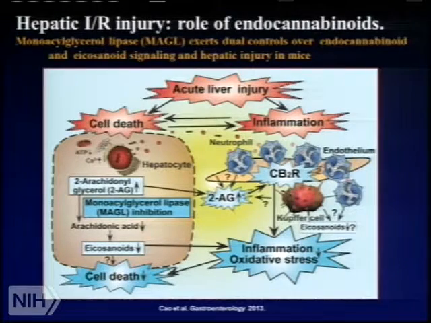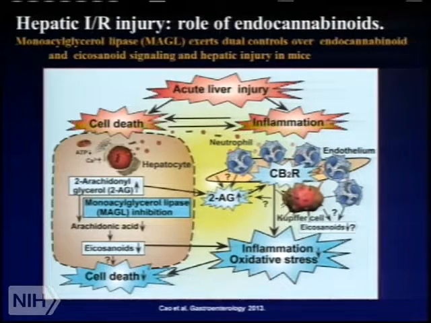So how does this come together? During the acute liver injury, there is cell necrosis in hepatocytes, but hepatocytes have no CB2 receptors. So when we block monoacylglycerol lipase, we raise 2-AG, which can be released from hepatocytes. It can decrease the endothelial cell activation through CB2 and also Kupffer cell activation and neutrophil-mediated injury.